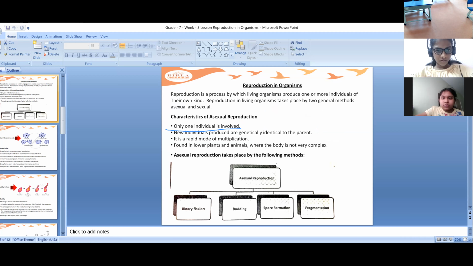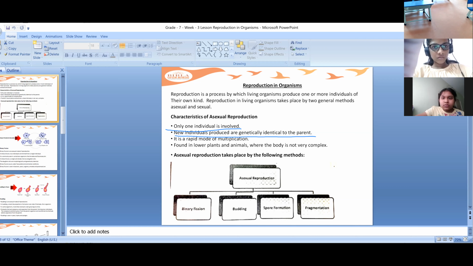New individuals produced are genetically identical to the parent. They resemble the same. They do not appear different. Like you have a different face, you don't have similar characteristics. Your face is not similar to that of your sister. Your faces are different, isn't it?